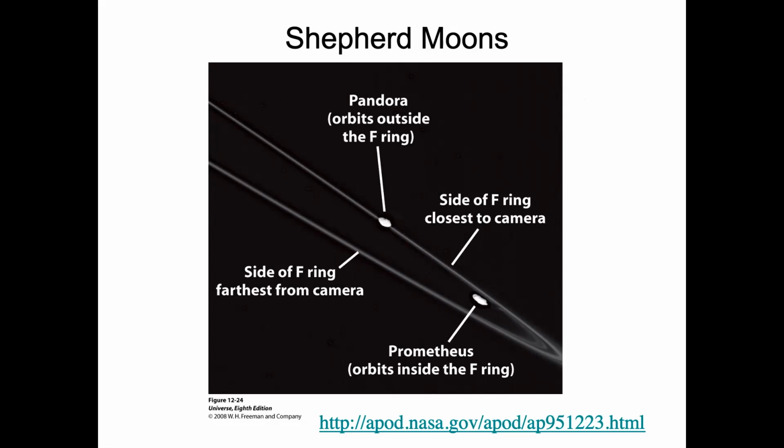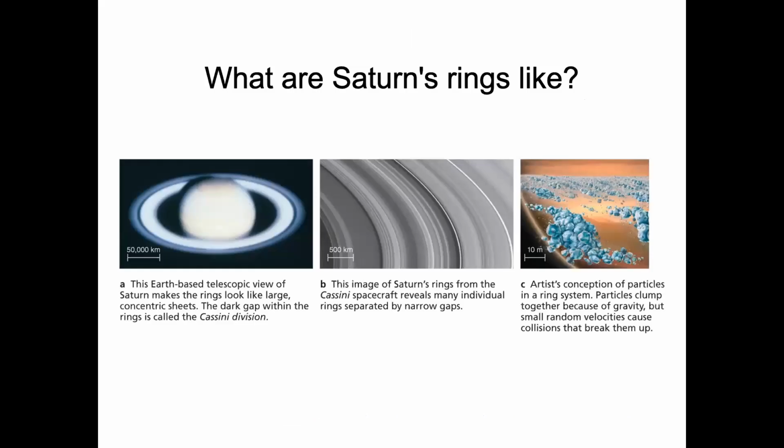So to summarize a little bit about Saturn's rings, right? They are made up of countless particles of ice, right? Individual ice particles. You can see the artist's rendition on the right over there. And they are extremely tiny, right? Which is why in this middle image, you can't really distinguish one clump of ice from another, right?